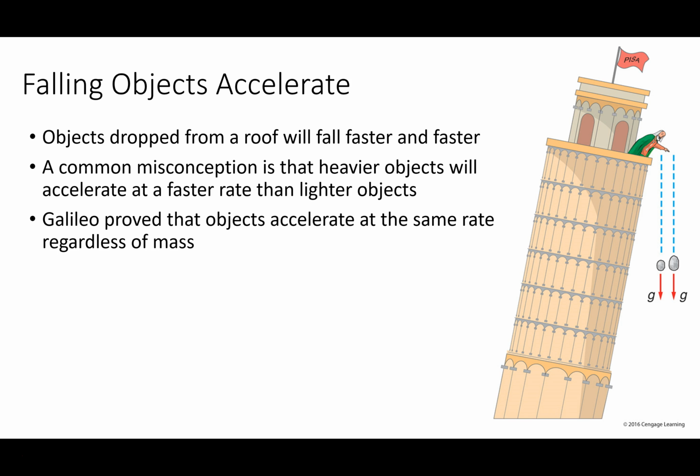It looks to me like the left one is a little bigger, so I bet that weighs more. The W is bigger, the M is bigger, right? But what he found out is that the person down here at the bottom saw them hit the ground at the same time.